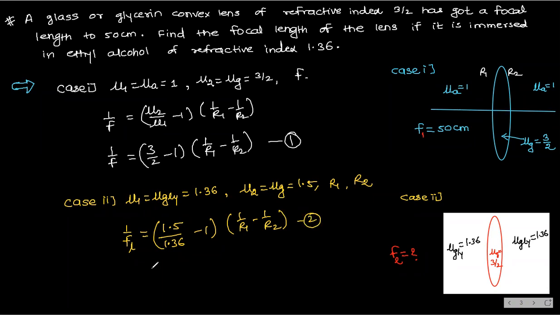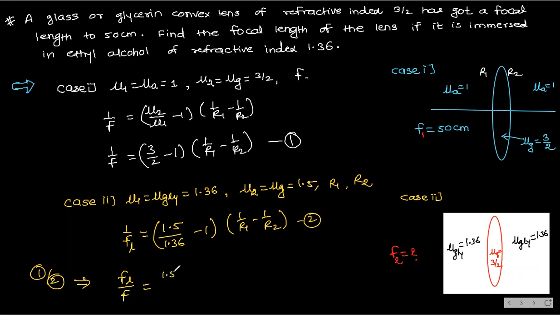Now let's divide these two equations 1 and 2. Dividing equation 1 and 2. So 1 by 2, if we will do, what we will get? See, 1 by F by 1 by FL means FL by F आएगा. So this is FL by F is equal to, this is what ఉంటుంది పైన.